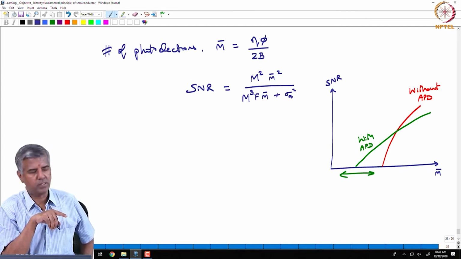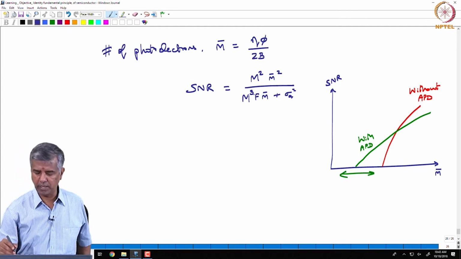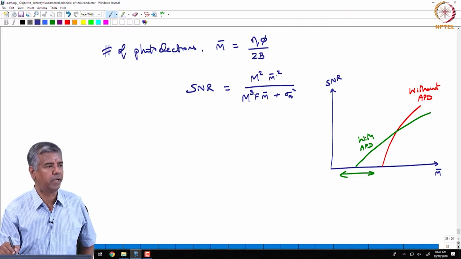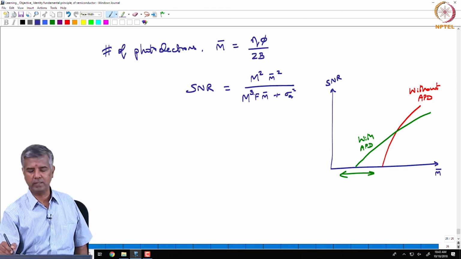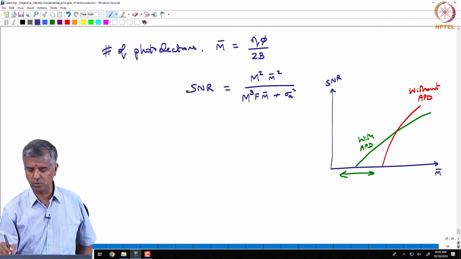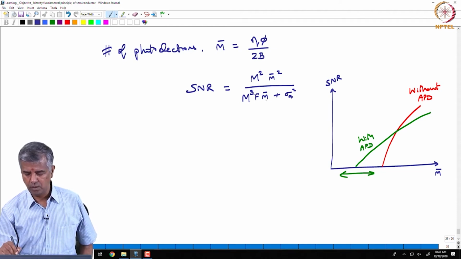So, the other question, what is sigma q square? Sigma q square, there is actually a normalization factor, because we have taken 2b in the numerator. There is a normalization factor corresponding to that 2b that comes into that. So, sigma q square is actually sigma t square multiplied by 2b, I think.